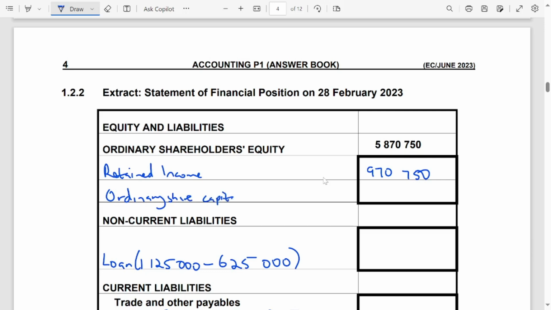We can find the ordinary share capital because the ordinary shareholders' equity is given. So we just have to find the difference between the ordinary shareholders' equity and the retained income, because the shareholders' equity is made up of the retained income and the ordinary share capital.